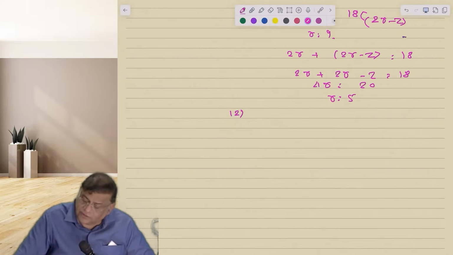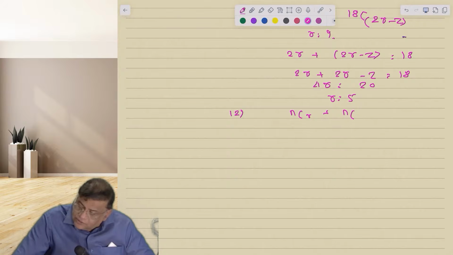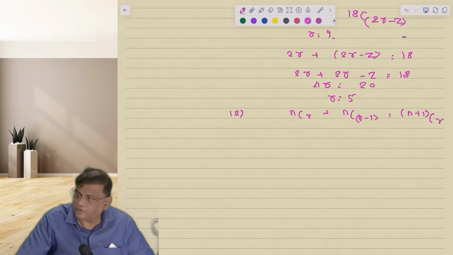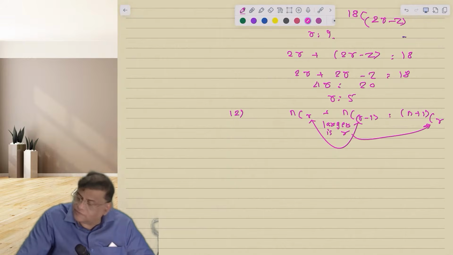So the next result is that nCr plus nC(r minus 1) is equal to (n plus 1)Cr. What does it mean? Of this r and this r minus 1, the larger number is r. That r occurs here. And this n increases by 1.